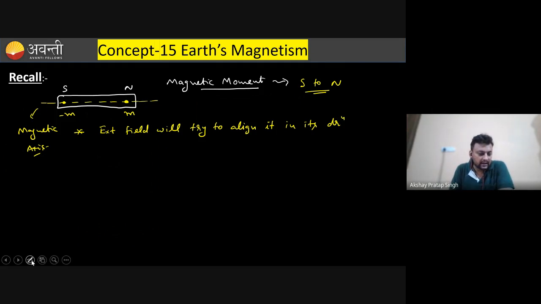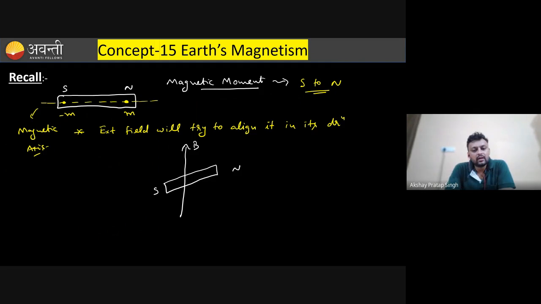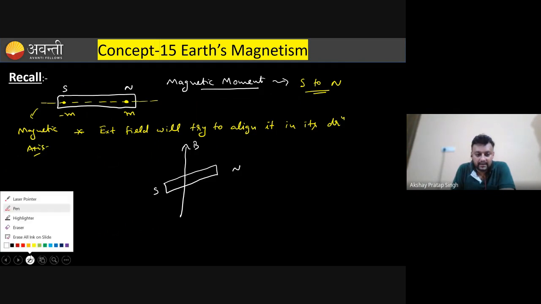I can draw a diagram for the same. Suppose there is a bar magnet like this. This is South Pole, this is North Pole. And it is placed in a uniform magnetic field B. Now, what will happen? This magnetic field will try to align the magnet in its direction.